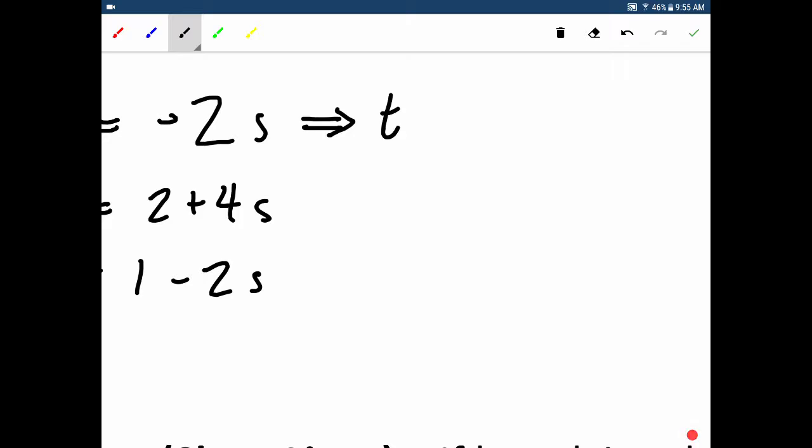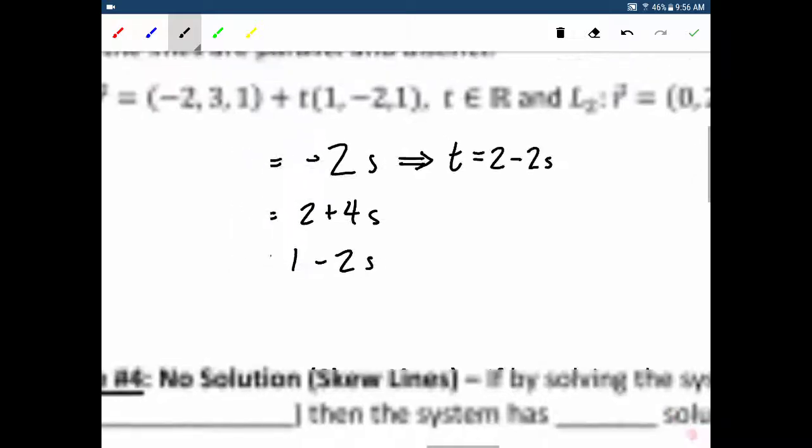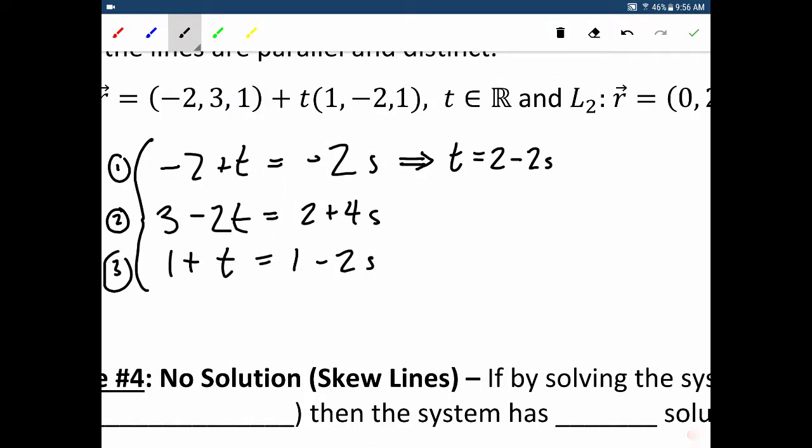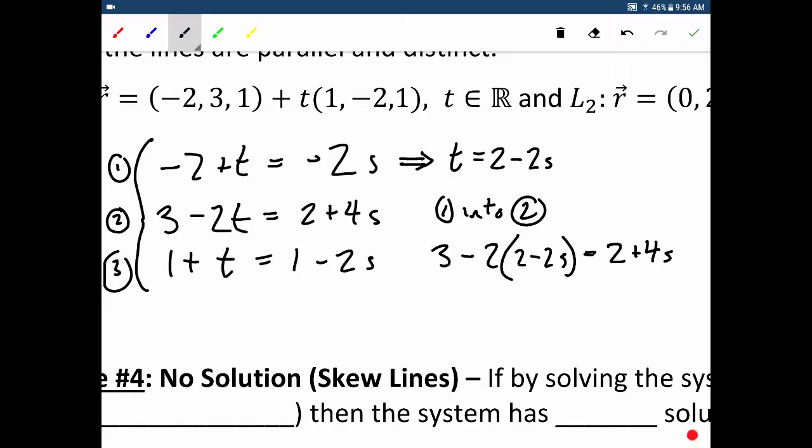So we can go t equals 2 minus 2s, and then we will put 1 into 2, which will give us 3 minus 2 times 2 minus 2s is equal to 2 plus 4s.